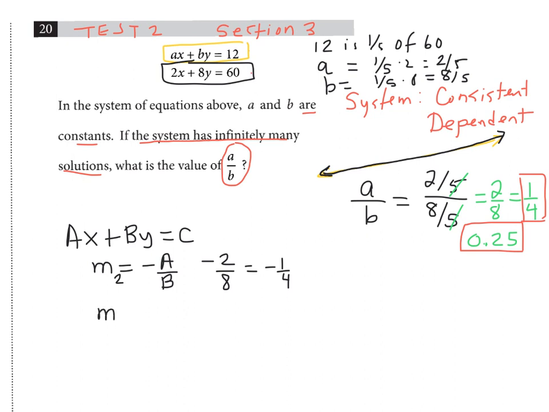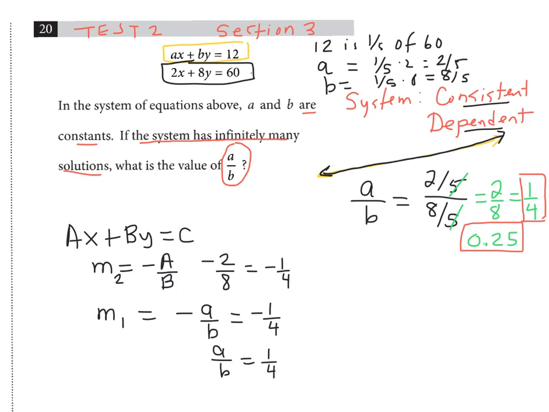And the slope in the first equation would be negative a over b. And if these two slopes are the same, because the system is consistent and dependent, they will have the same slope, then we could say negative a over b is equal to negative 1/4, and that means that a over b is equal to 1/4.